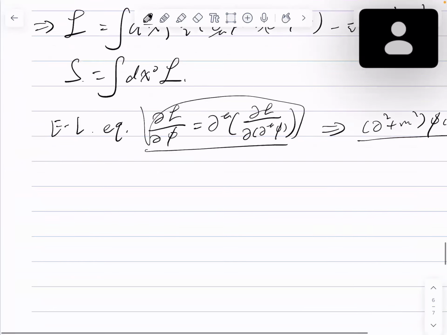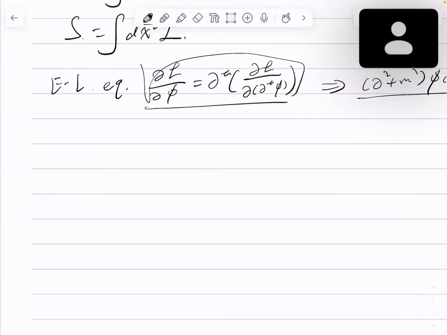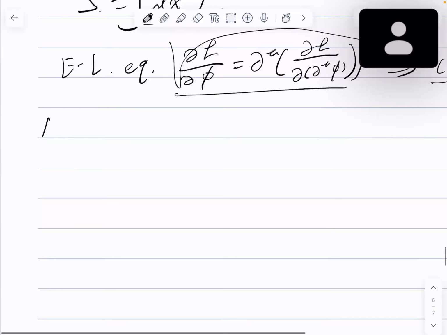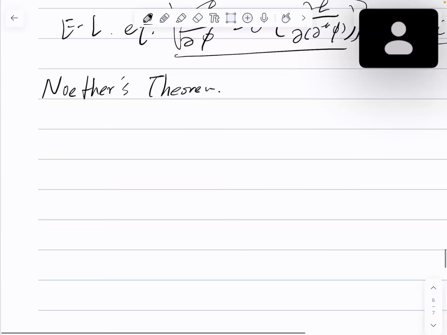This is self-consistent. Then an interesting thing in this Lagrangian formulation is Noether's theorem.